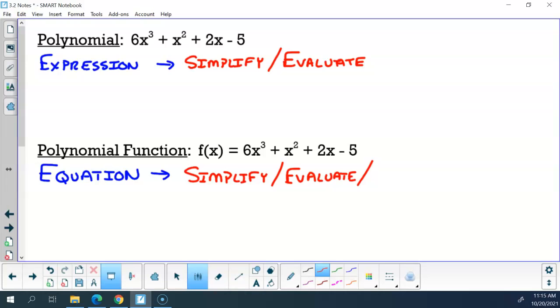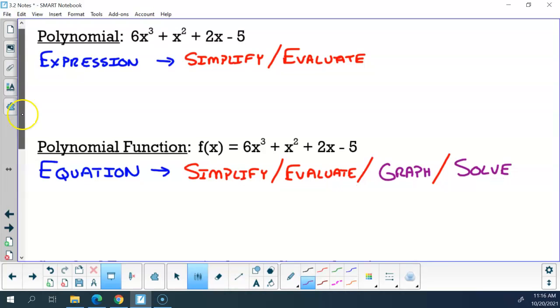What are the new ones? We can graph it. And what was the other one you said, Noah? And we can solve it. On top of, we can add two functions together, we can subtract two functions, we can multiply two functions, we can factor a function, we can factor an expression, and so we can do all those different things with those.